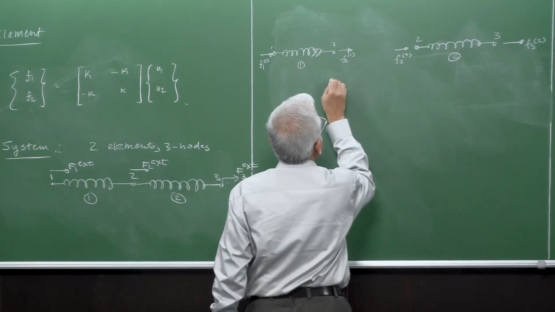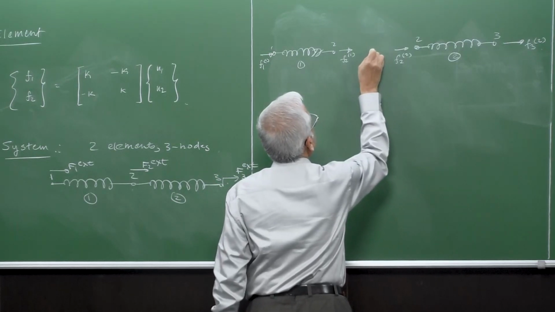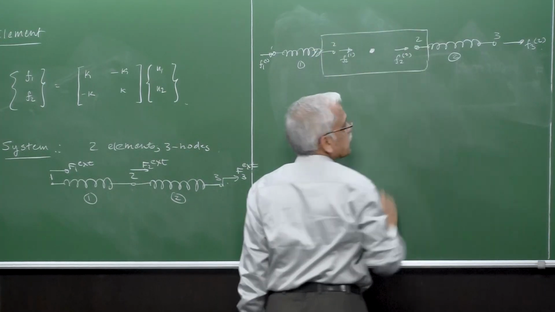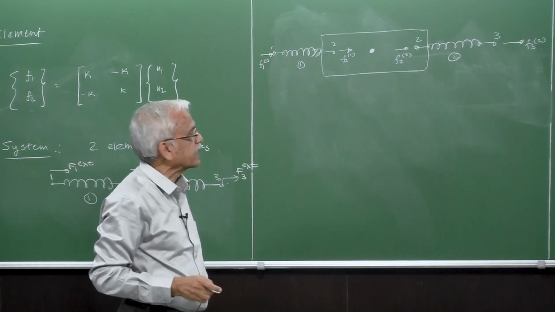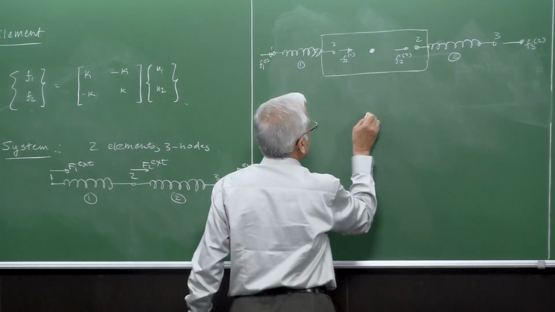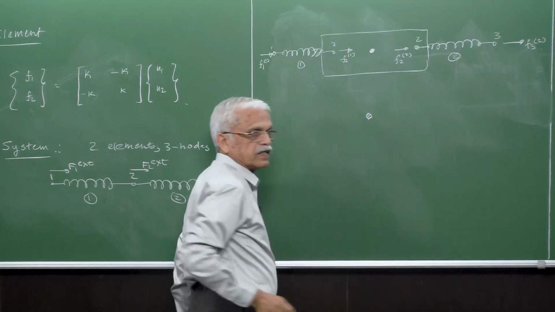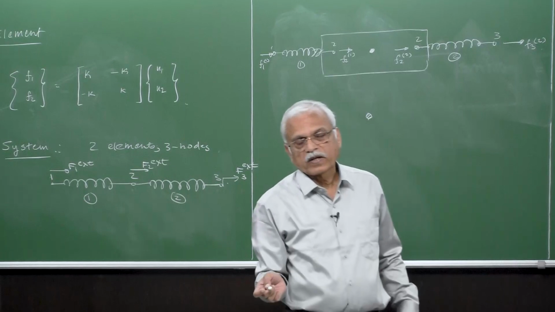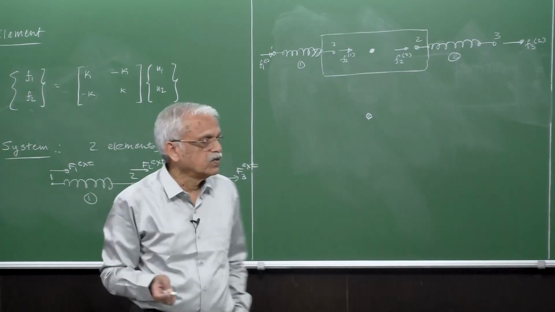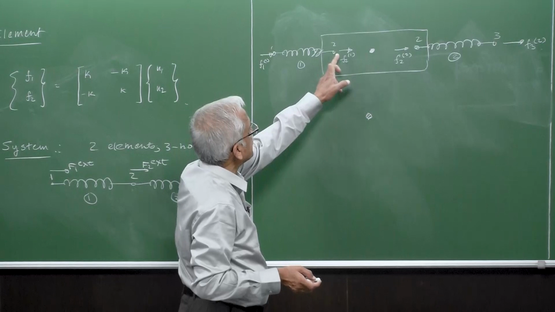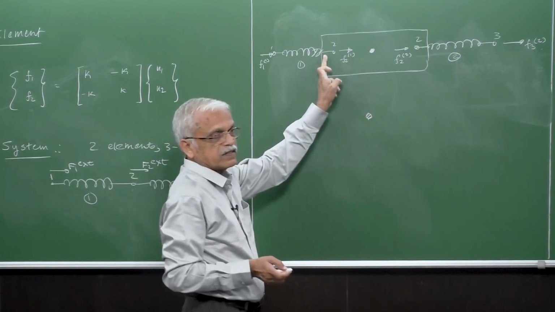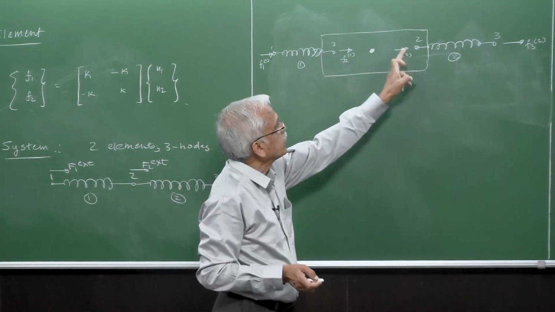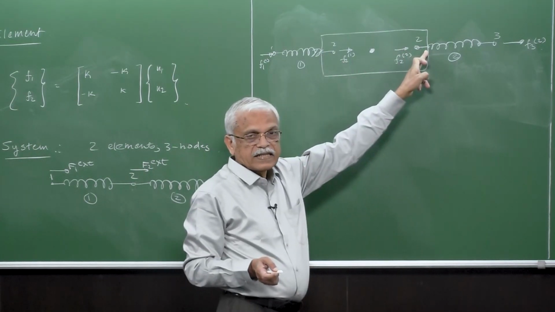Let's look at this one here. This is node 2, and we look at the forces acting on node 2. Similarly we can also write it for nodes 1 and 3. We are taking node 2 because it is connected to two springs. F2 of 1 is the force acting on element 1, and F2 of 2 is the force acting on element 2.